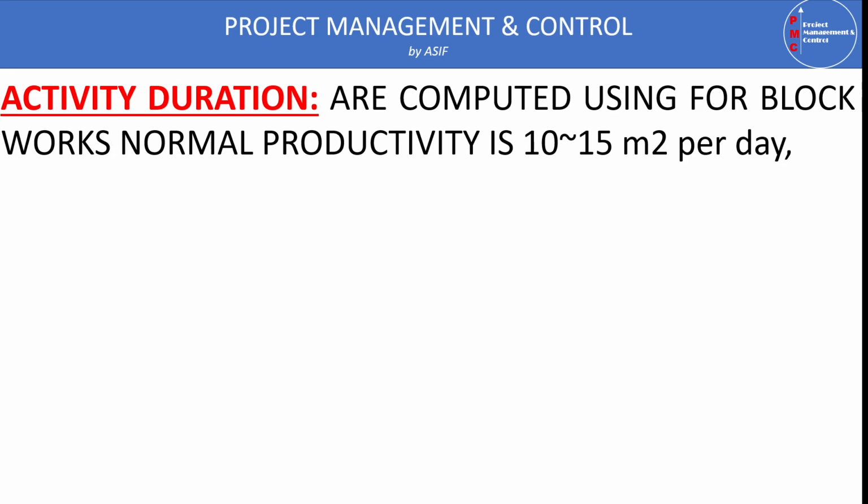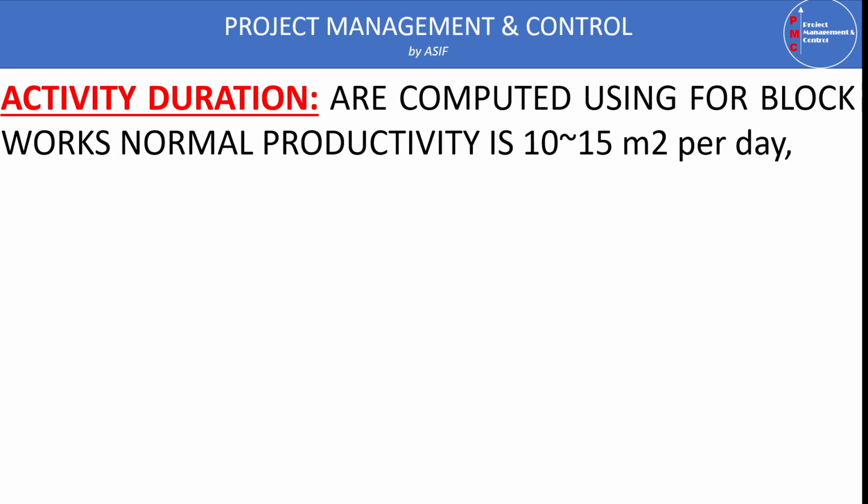If the BOQ has the concrete quantity, then you compute the duration based on this quantity. Or sometimes the BOQ is further divided into formwork, steel reinforcement and concrete quantity. In this case, we have to compute the time required for steel, for formwork, and for pouring concrete separately. To make it short, I just assume block work.